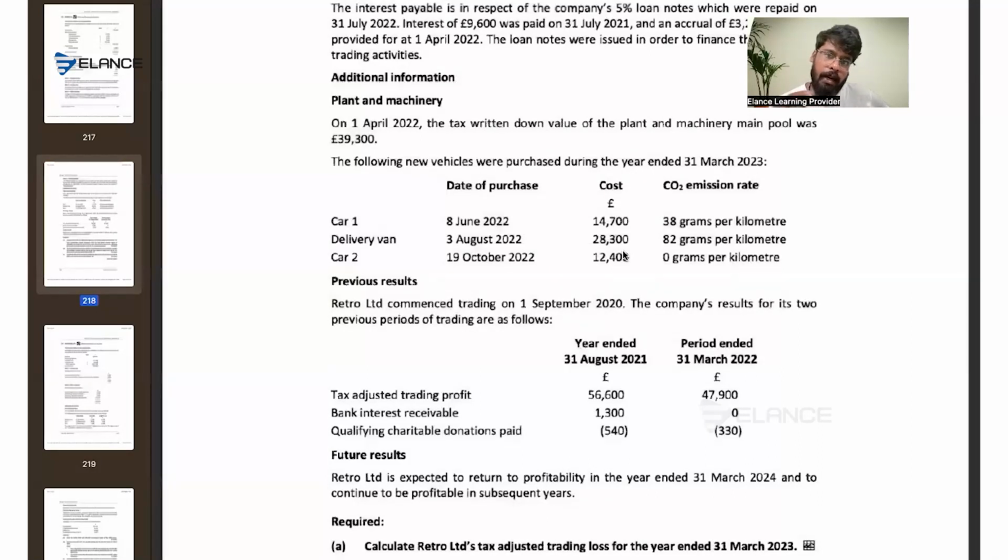For the company's capital allowance computation, we have two additional enhanced capital expenditure measures. For the main pool, we have a super deduction of 130%. In the special rate pool, there's a 50% first year allowance. So we can apply the 130% super deduction on this delivery van.